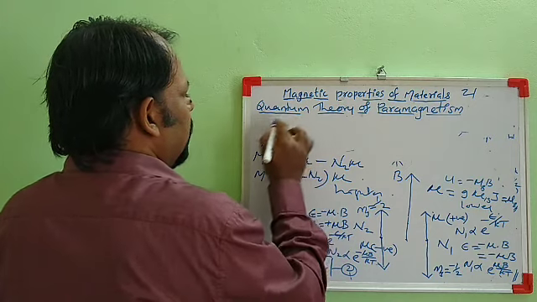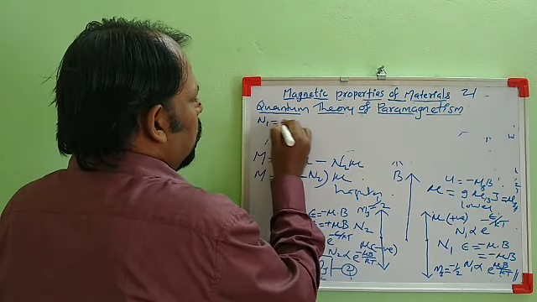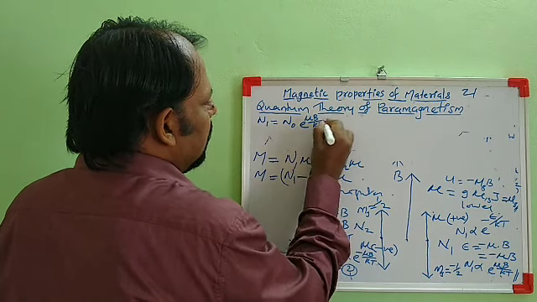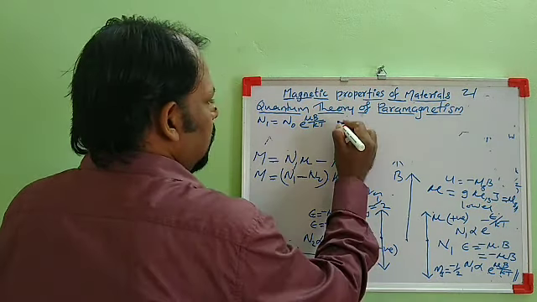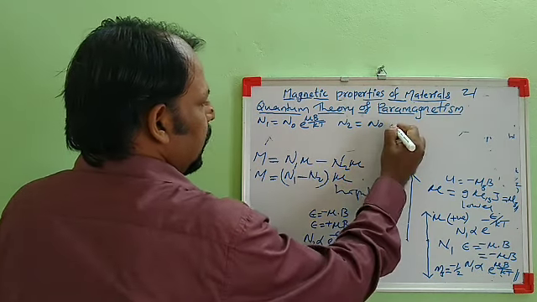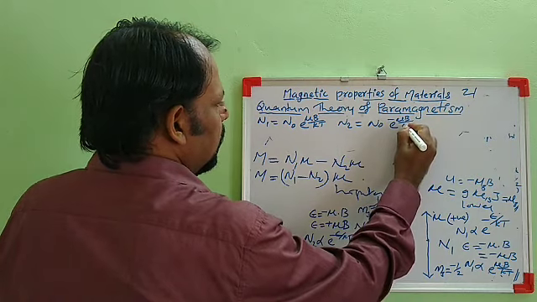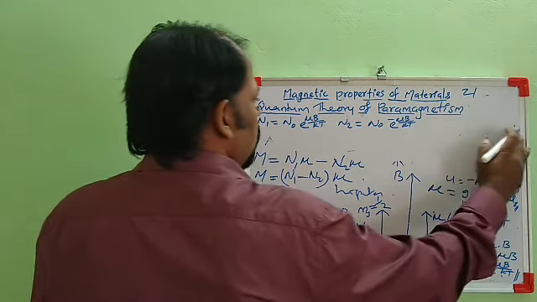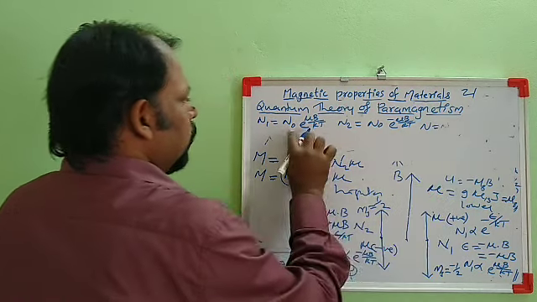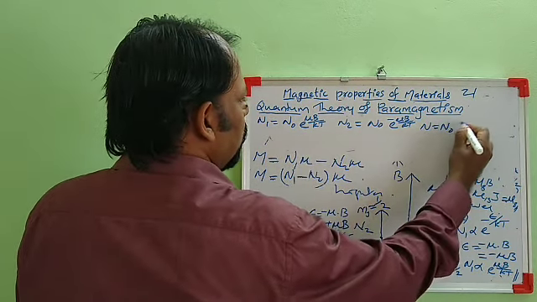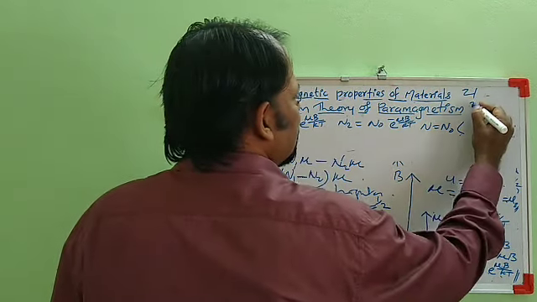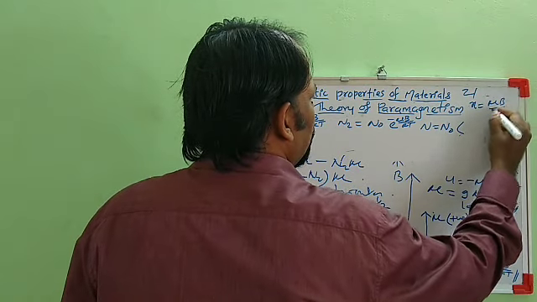So I am writing N1 as N0, a constant, into e raised to mu B by kT, and N2 as N0 e raised to minus mu B by kT. For simplicity, I am writing mu B by kT as X.